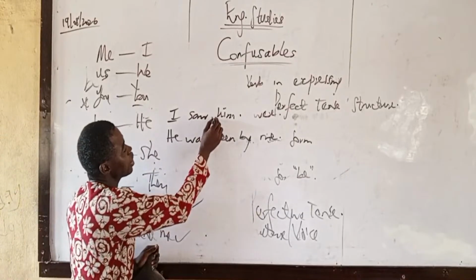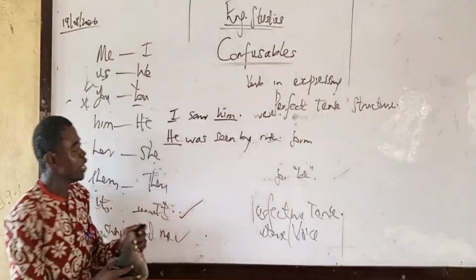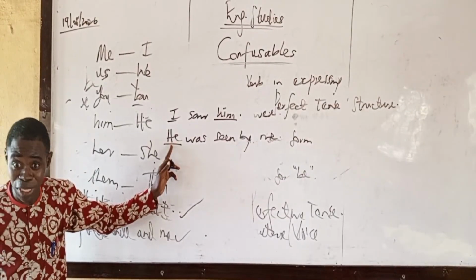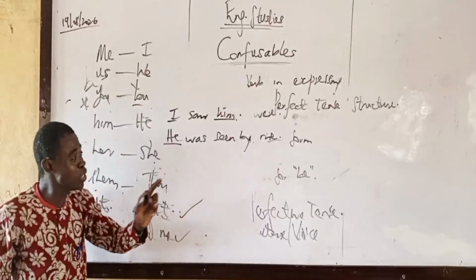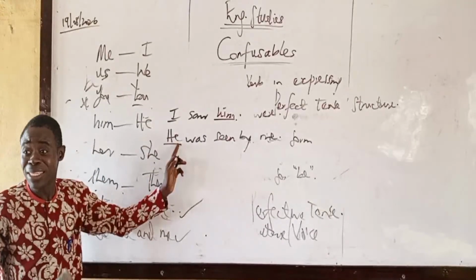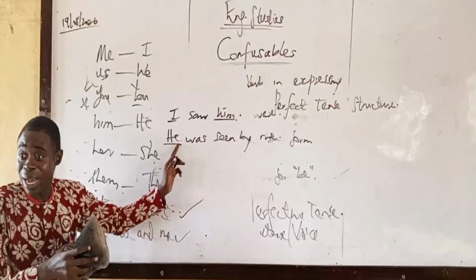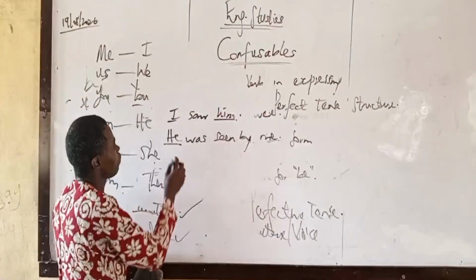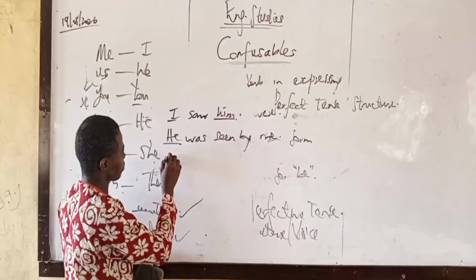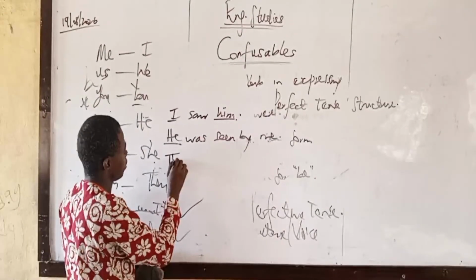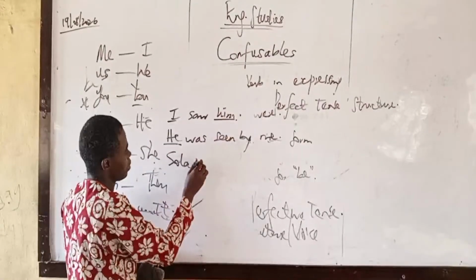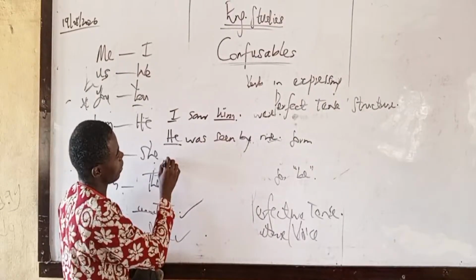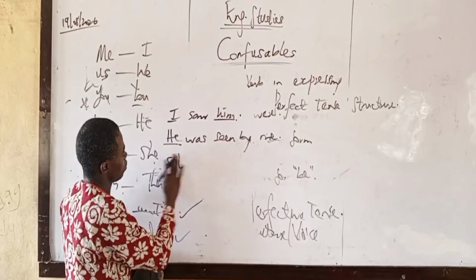Now, look at this. Is this a subjective pronoun or an objective pronoun? Subjective. But we cannot bring this here. So this one, a subjective pronoun, is taking the function of what? An objective function. Let me bring this here now.